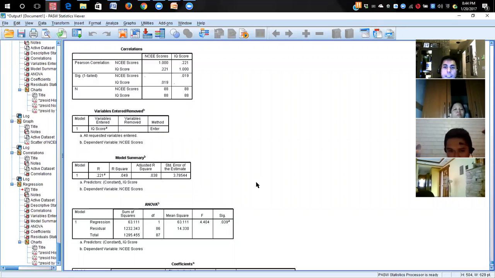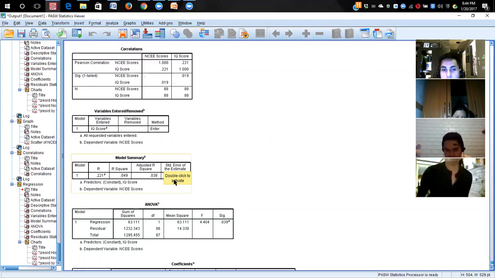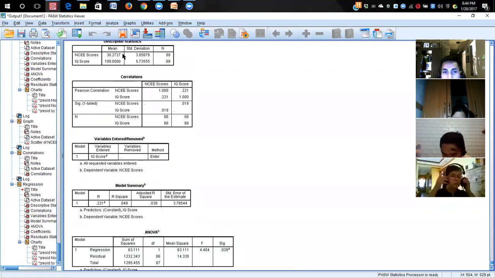So now let's go back to the last area where I discussed. The standard error of the estimate is 3.78, but I'd like to emphasize this is the model summary. This model utilizes the parameter that the mean score of the NCE is 30.